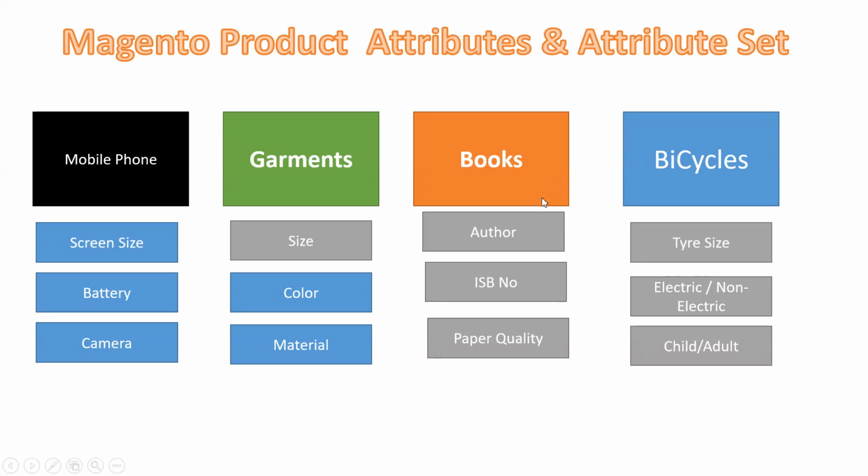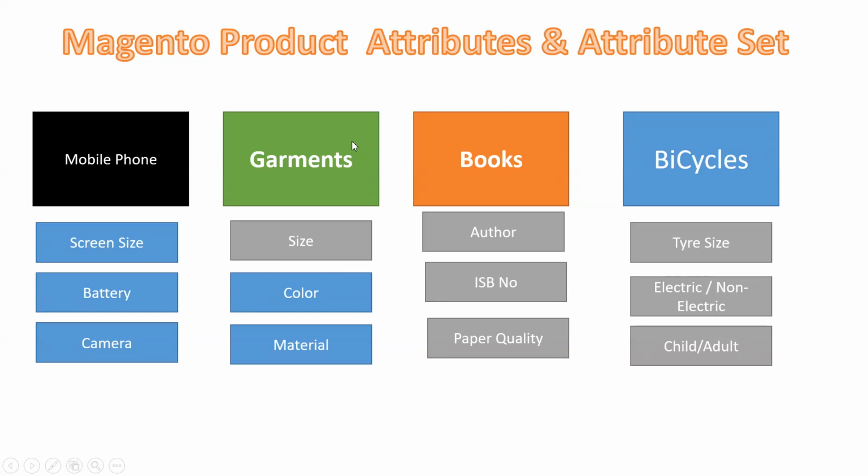Apart from that, you need to also add author, then ISBN number and paper quality. And for bicycles, maybe you need to add tire size, like thin or thicker, whether it is electric or non-electric, and also whether it is for child or adult. So these are the attributes which you are going to add while adding the products.